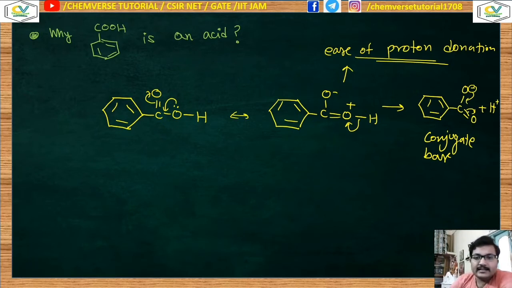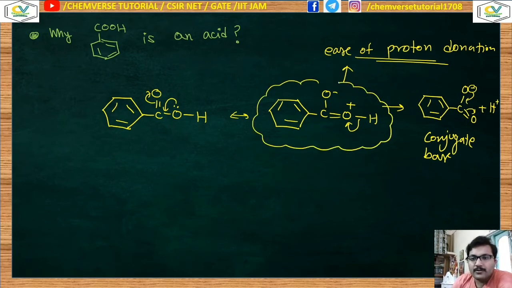But the matter is that whenever this kind of situation is formed, there's a remote possibility that this pi bond takes part in resonance. It donates electrons to form a carbon-carbon double bond over here, and it can neutralize the charge.